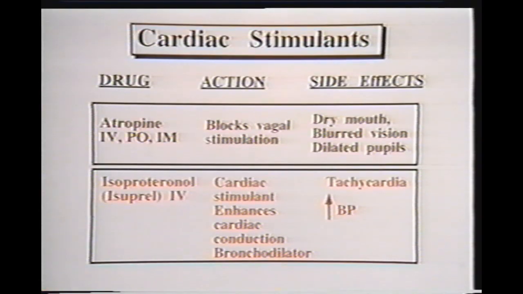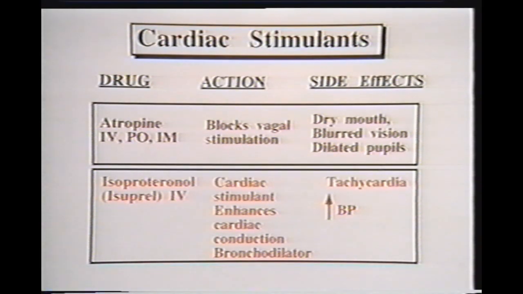And the last category of the rhythm-related drugs that we want to talk about are the cardiac stimulants. These are essentially autonomic nervous system drugs that increase the heart rate. We talked about drugs like isoproterenol a few moments ago when we talked about the central nervous system drugs. These act directly as cardiac stimulants and increase the heart rate and raise the blood pressure.